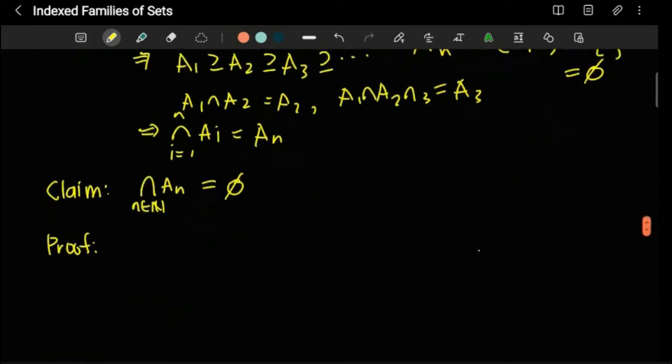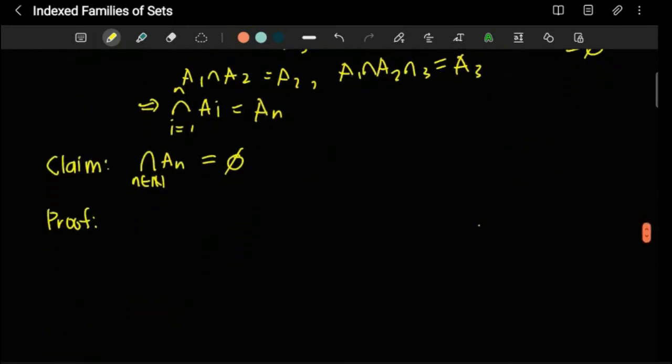Now, as I've mentioned when we discussed the empty set, the empty set is defined as all elements x such that x is not equal to x. Meaning, it contains contradicting elements. So that's the easiest way to show that a set is empty: say that it has an element and show that that particular element is actually not in that set.